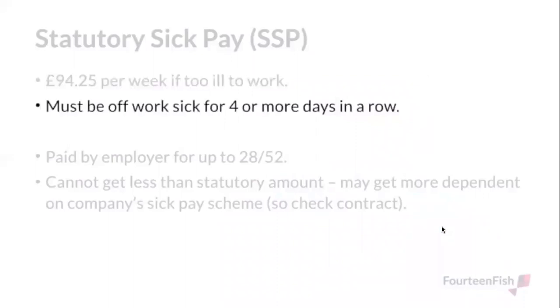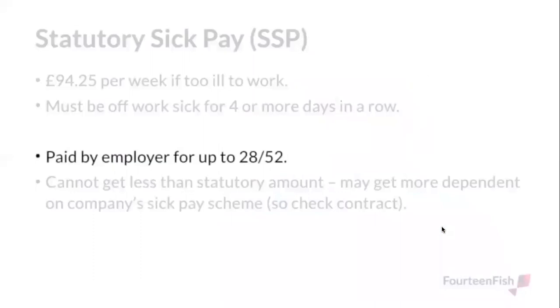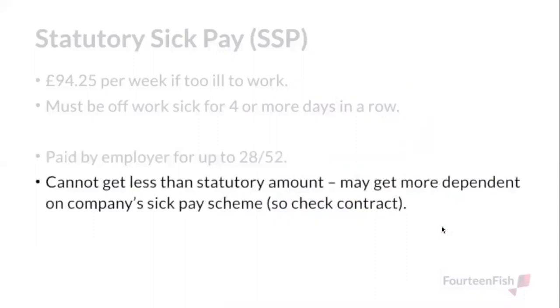Patients, in order to be eligible for statutory sick pay, must be off work sick for 4 or more days in a row, and it's paid for by the employer for up to 28 weeks. Patients can't get less than the statutory amount, and they might actually be eligible for more depending on their contract. So it's necessary for them to defer to their company's sick pay scheme or their individual contracts.